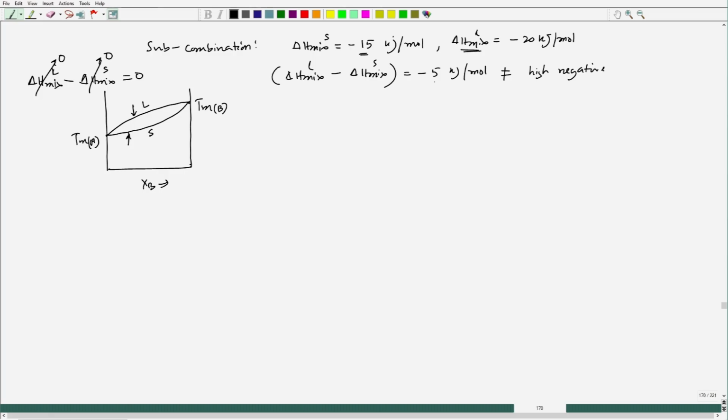So, the liquid zone should expand, and this particular line will shift downwards. So, a situation like this would happen when we have del H mix liquid minus solid equal to minus 5 kilojoule per mole.